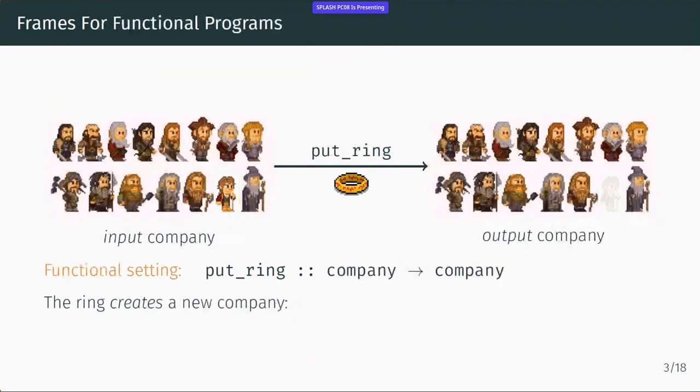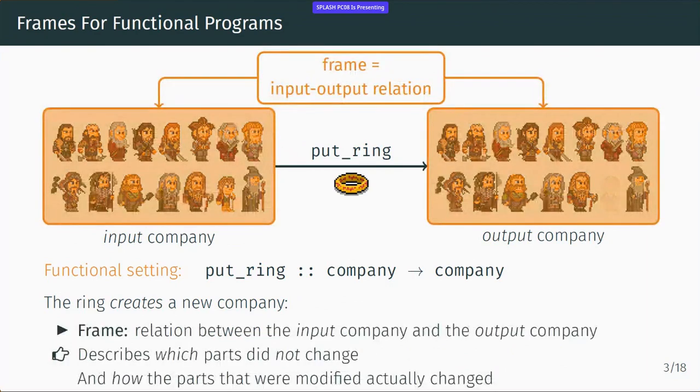So in a functional setting, you can model a similar put ring function, but this time it goes from type company to type company. It takes as input a company and creates a new fresh company as output, where the hobbit vanishes. Okay. And in this setting, what I call a frame is the relation that holds between the input company and the output company.